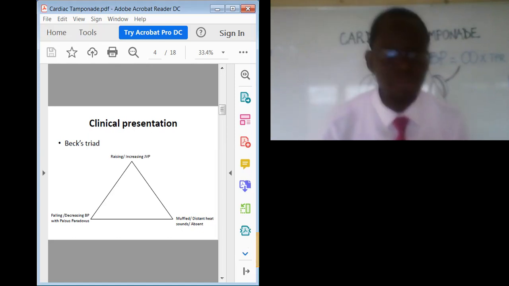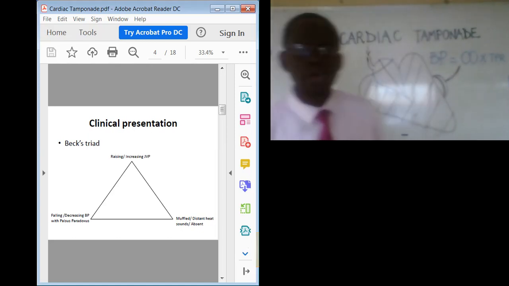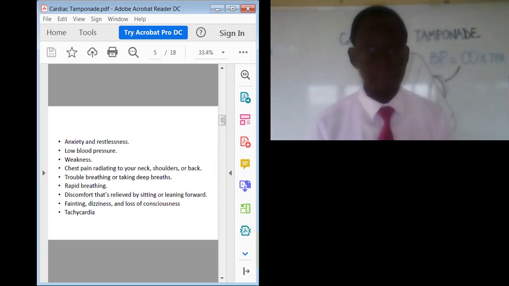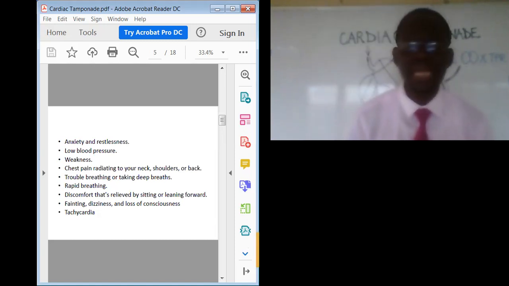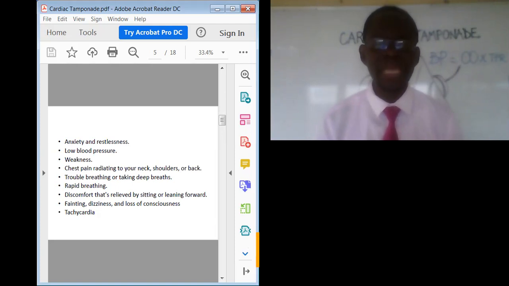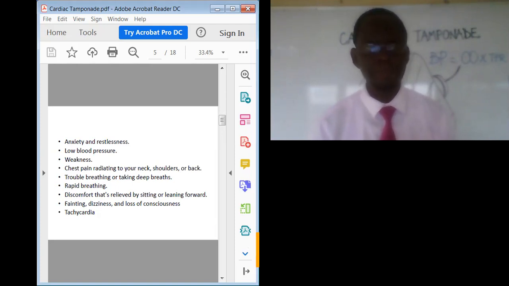So that is what we refer to as muffled or distant heart sounds. Other things include anxiety, restlessness, low blood pressure, weakness, chest pain, among others.